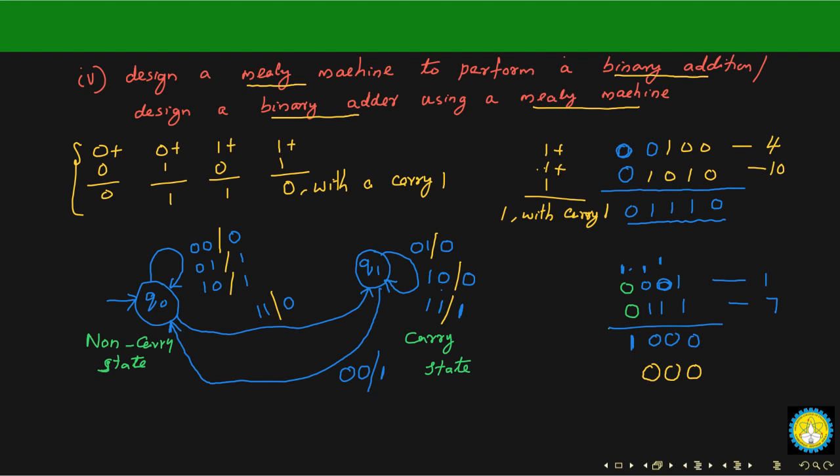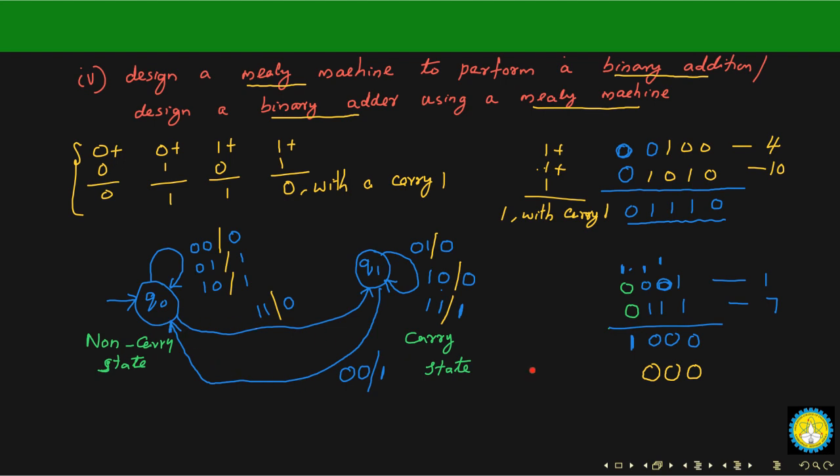Now look at the next input. It's going to be 0 0. This is where the transition happens. The transition will go back to Q0. When you're getting a 0 0 in your input, you're going to generate an output of 1, but you're going to move to Q0.